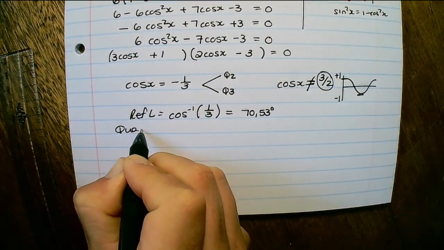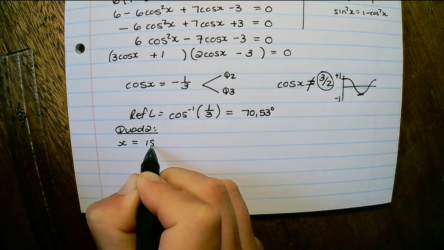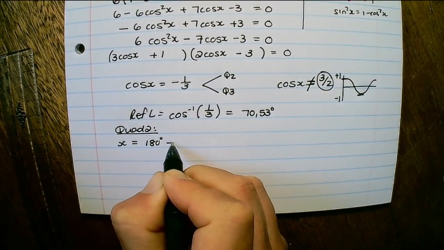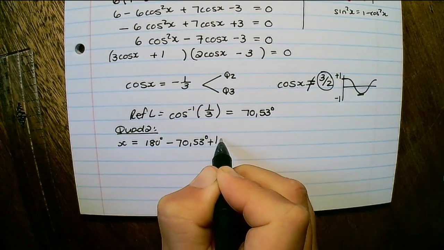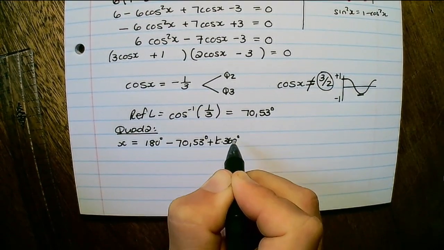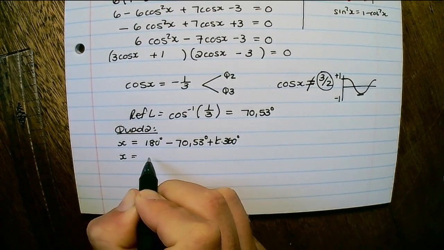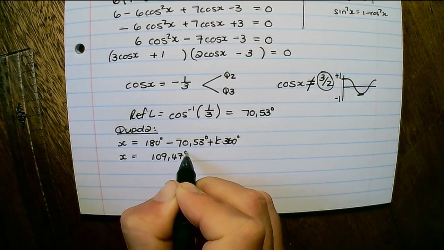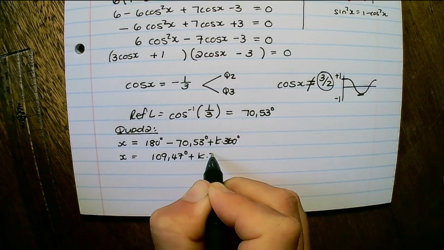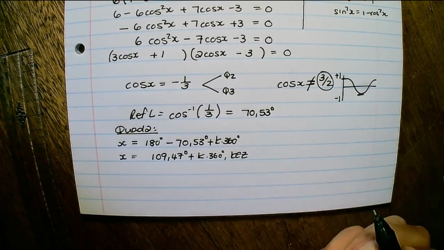Then in quadrant 2, I have x is equal to 180 degrees minus the reference angle plus k times 360, which represents the period of the cos graph. So x is equal to 109.47 degrees plus k times 360, and k must be an integer.